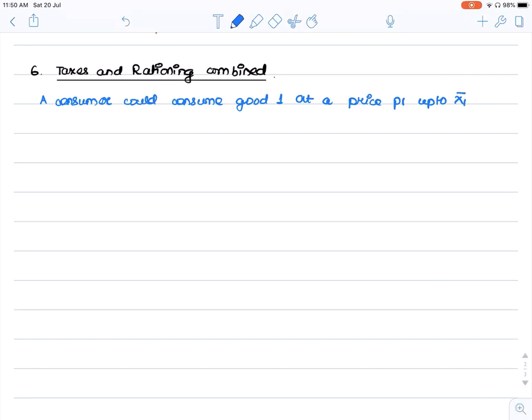So a consumer could consume good 1 at a price of P1 up to x1 bar, and then had to pay taxes T on all consumption in excess of x1 bar, right?